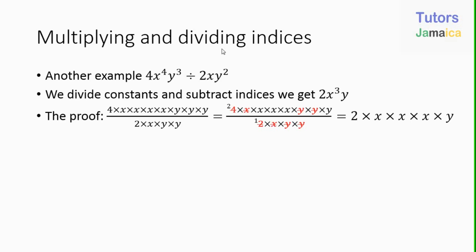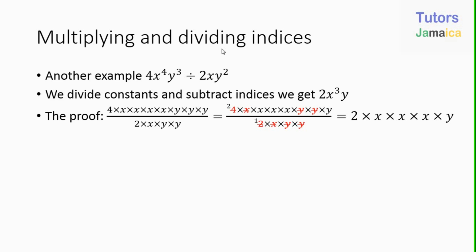Let's prove this. When we turn this into a fraction, so it's easier to understand, we have 4 times x times x times x times x times y times y times y, and all of that will go over 2 times x times y times y. So first thing we do, we try and cancel. 2 into 2 goes 1 time, 2 into 4 goes 2 times. x cancels x, y cancels y, y cancels y.